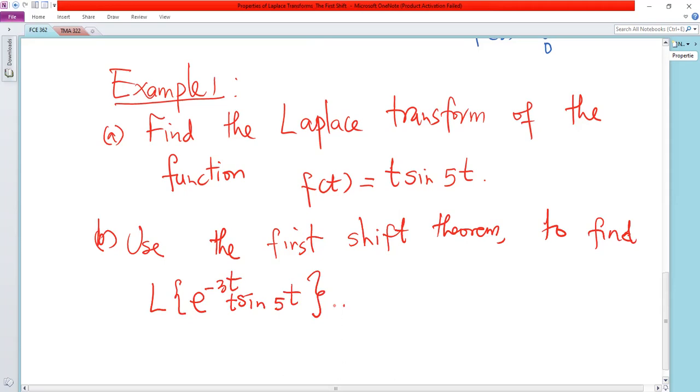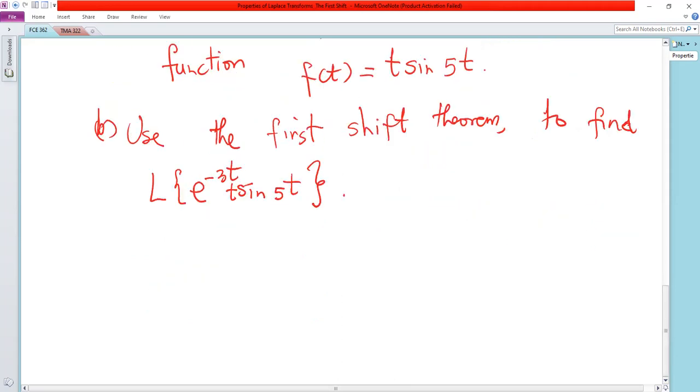So to solve this problem, we remember from the table of Laplace transforms.